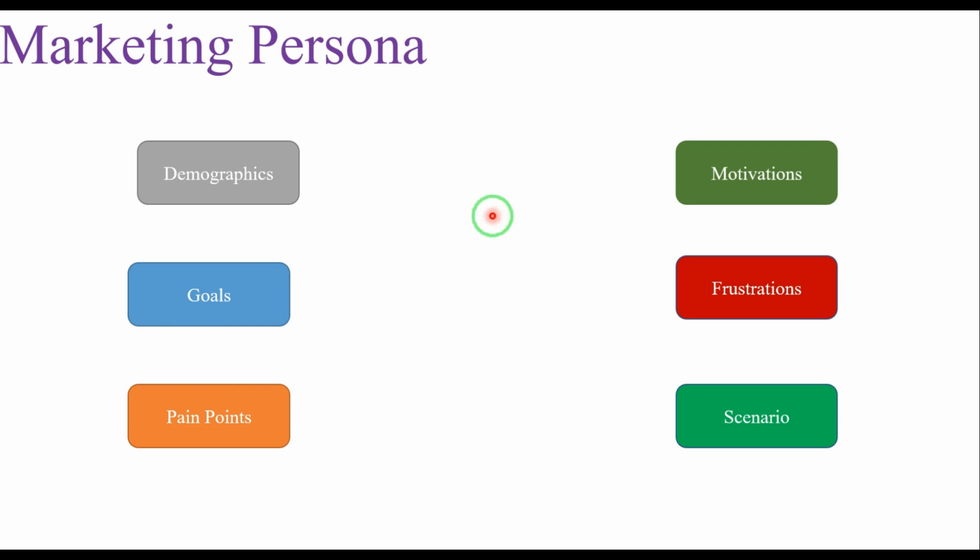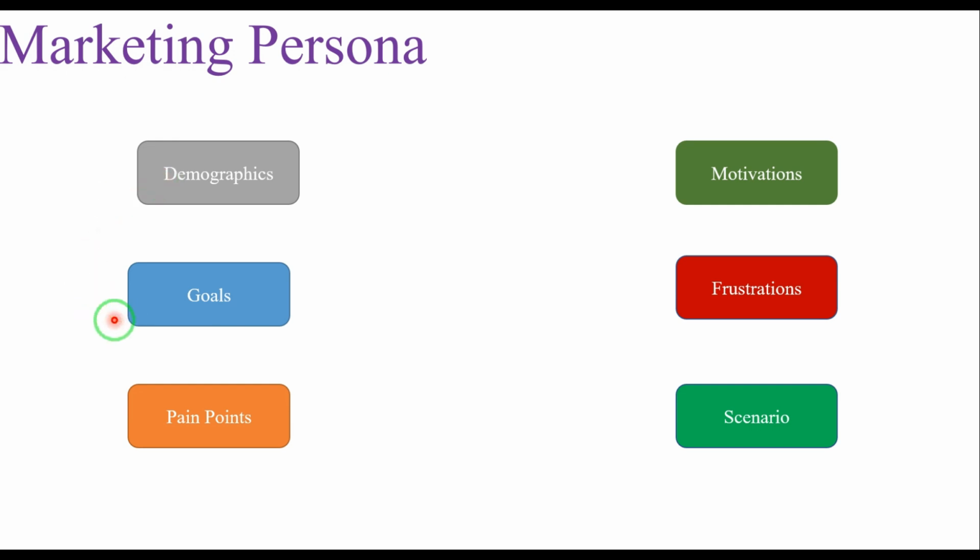A user persona, which we focus on in this tutorial, is the marketing persona, which is the representation of a specific type of user or customer that a product or service is designed for. We should include different topics when we are talking about a marketing persona: the demographics, basic information such as age, gender, occupations, education, and locations.